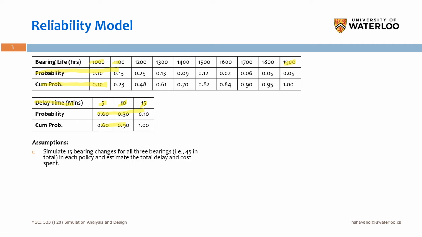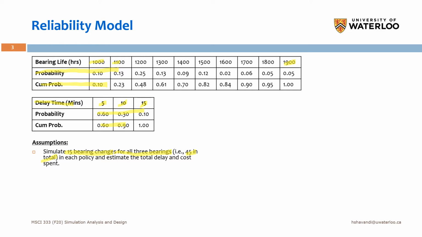We are going to simulate the system for 15 bearing changes for all 3 bearings. This means we're going to have 45 replacements or changes in total. So in the current policy, we will simulate the system for 15 changes for each bearing, so in total we will have 45 replacements.